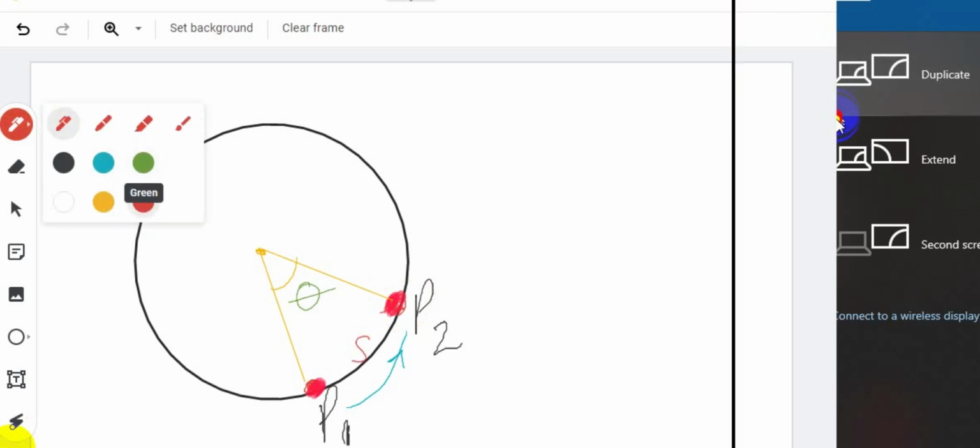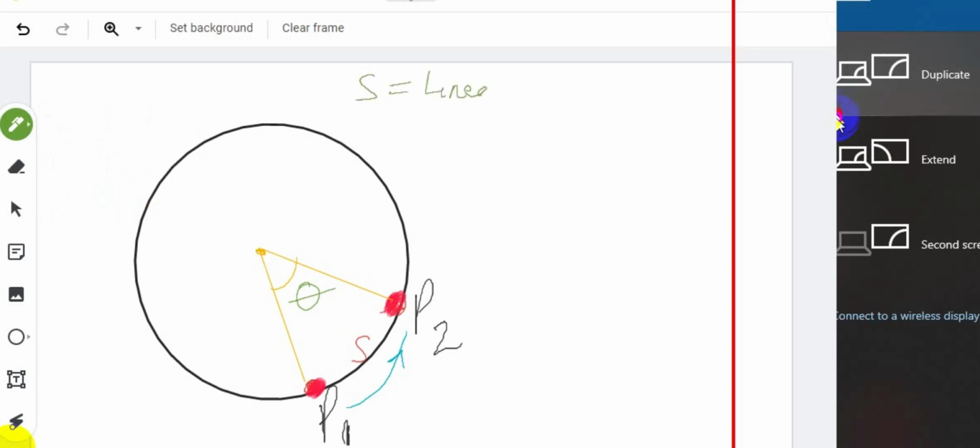The relationship between the angular displacement and the linear displacement is what I'm going to give in an equation. But I want to quickly initialize each of these symbols. S stands for linear displacement, while theta stands for angular displacement.